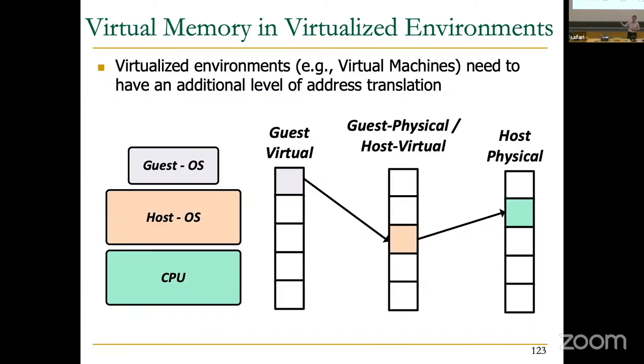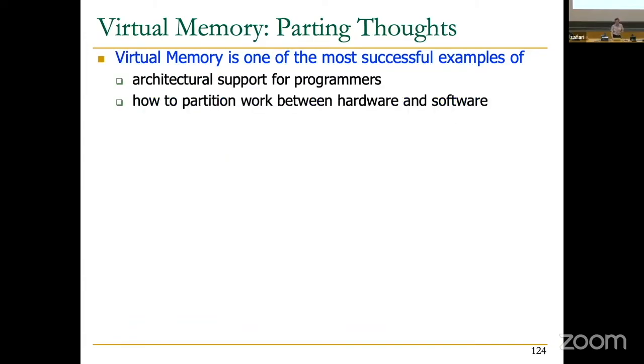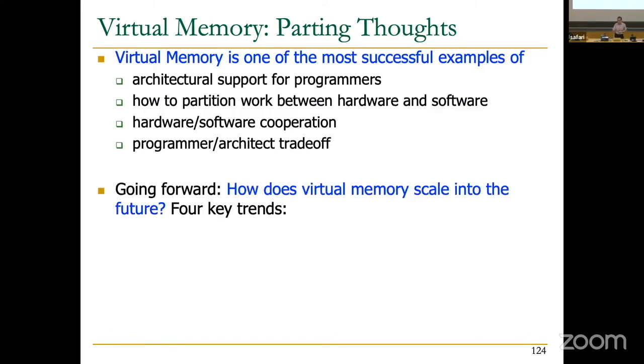AMD introduced it in 2006 or so, for example. So basically, it's a mess, as you can see. It's not that great, but we keep adding infrastructure to support it because it's so important. Regardless of all of its shortcomings, virtual memory is one of the most successful examples of architectural support for programmers, of hardware-software cooperation, and of the programmer-architect trade-off.